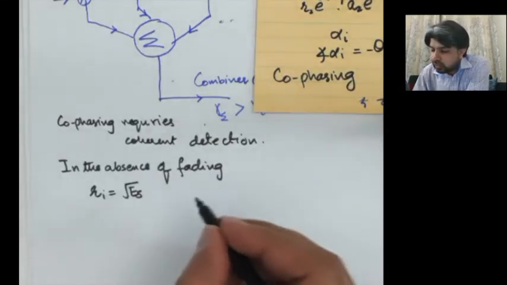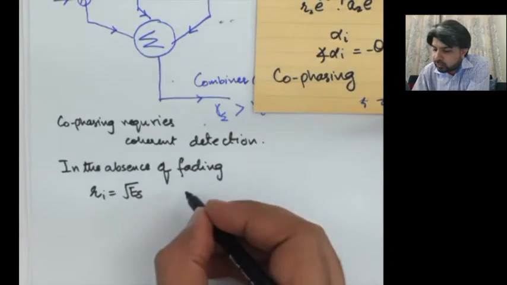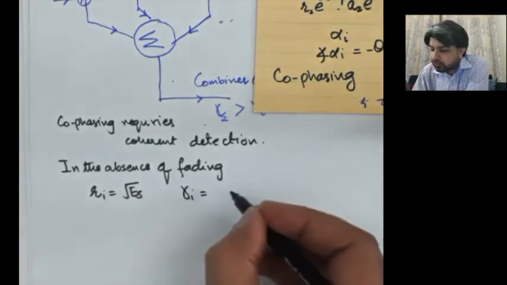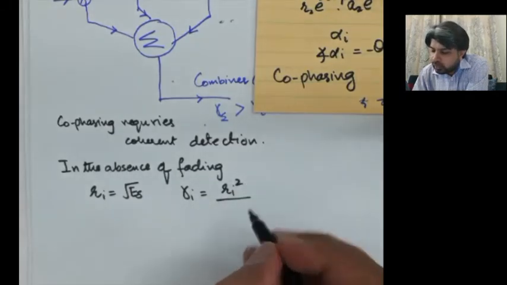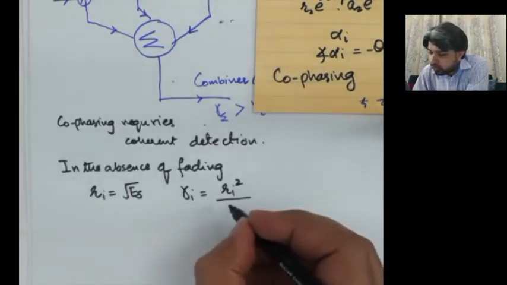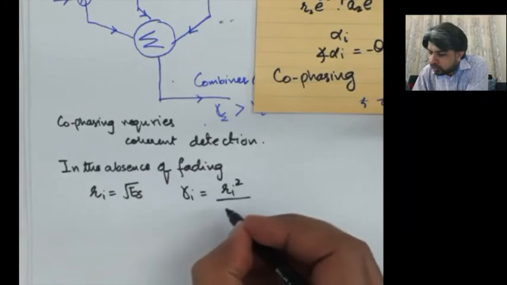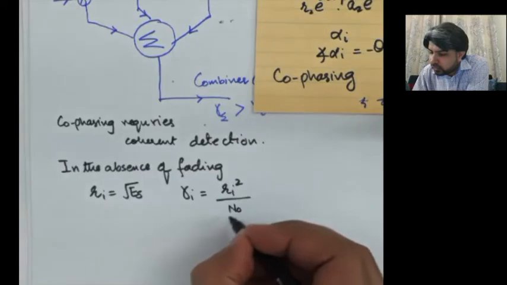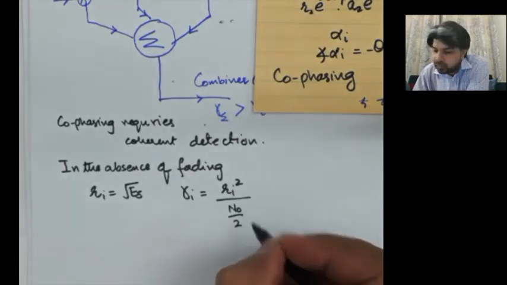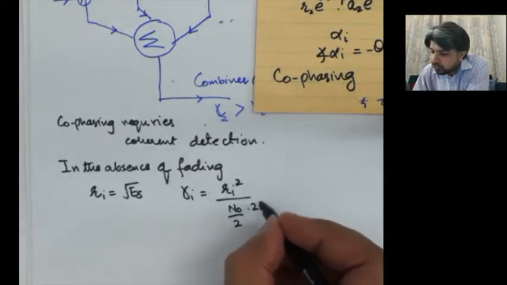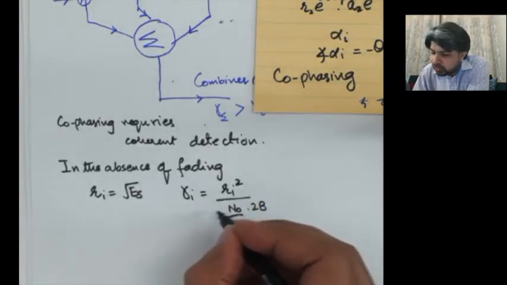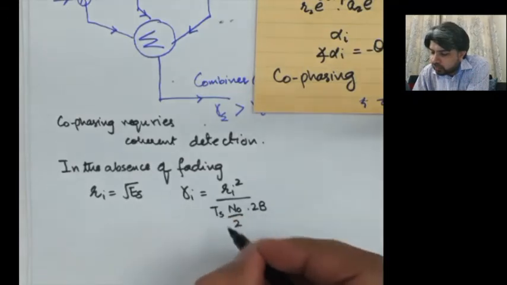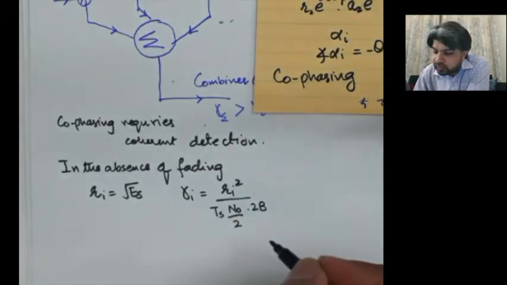So this would mean that the received signal to noise ratio gamma I for each of these branches would be Ri squared over your noise power. Suppose N0 by 2 is the noise variance, times 2B would give you the total noise power, and Ri squared, which is equal to Es divided by Ts, would give you the signal power.